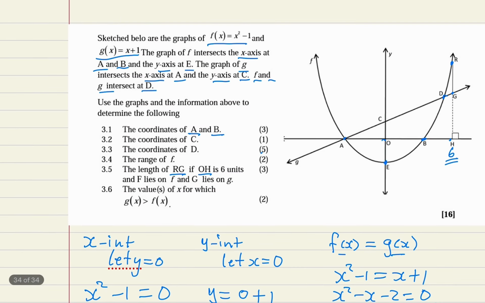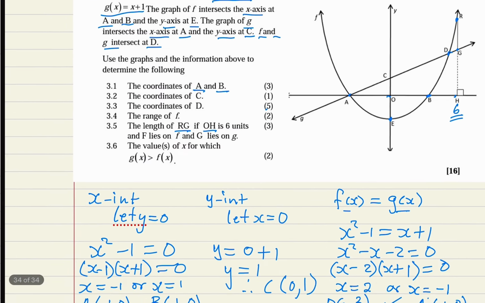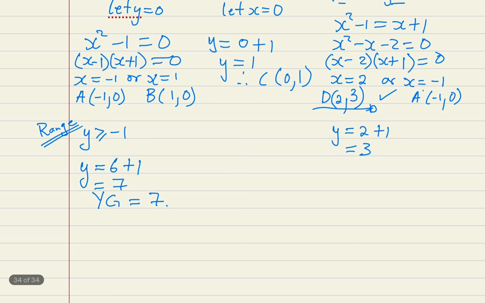Then I check the y of R. Y of R, I substitute in the original. So I have y is equal to 6 all squared minus 1. This will be 36 minus 1, which is equal to 35.